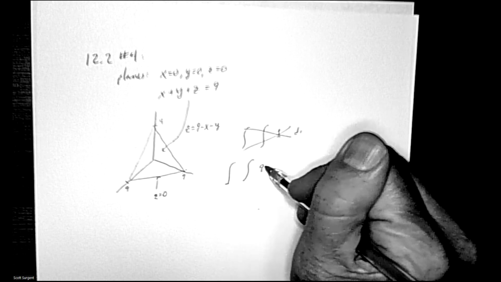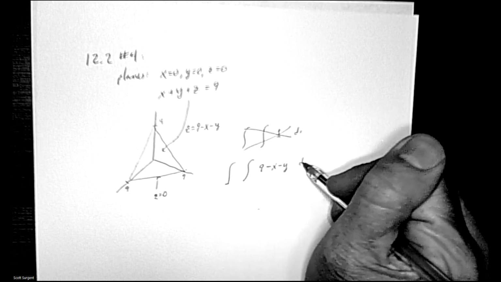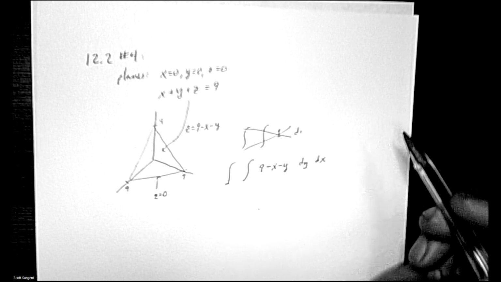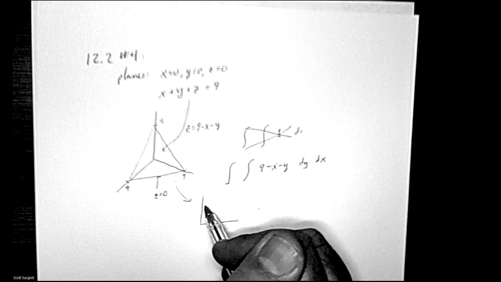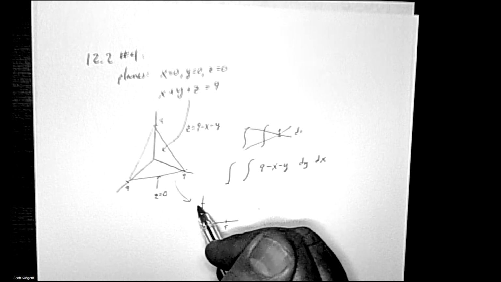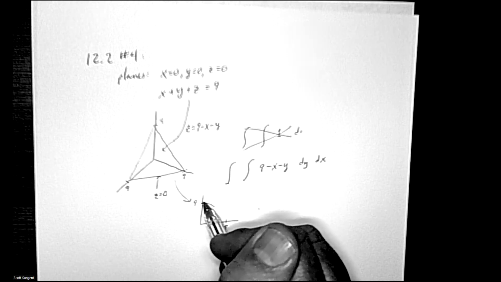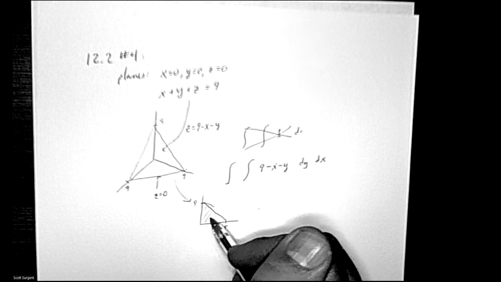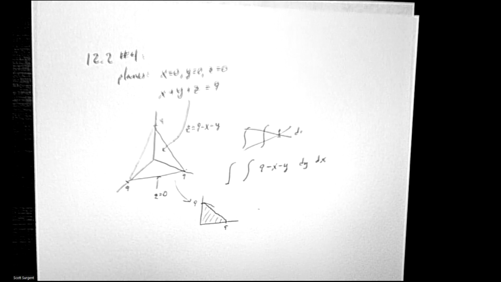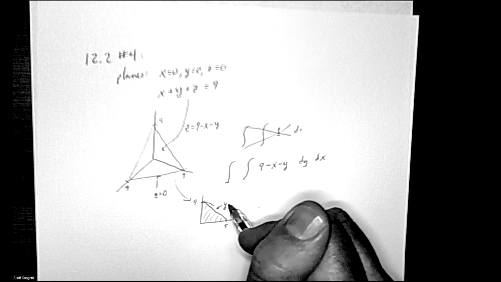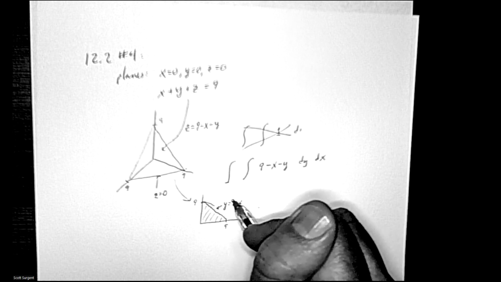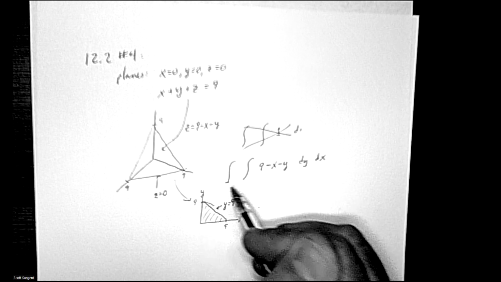This becomes your integrand. I'll explain what I'm doing here. The region of integration is what you see on the base here. And this is something I always try to emphasize with my class: you have to see the 3D and the 2D. And this would just be y equals 9 minus x because we're just looking at the xy part.